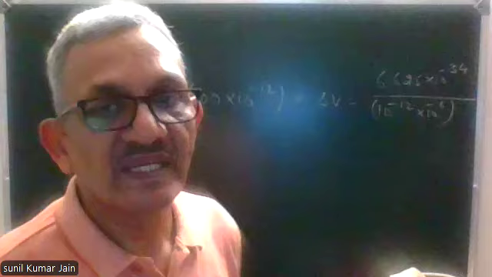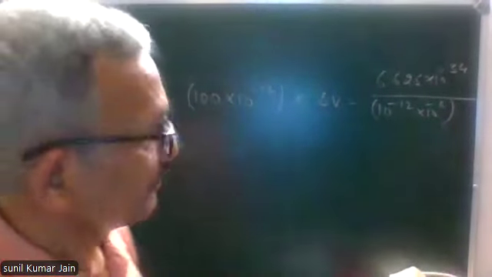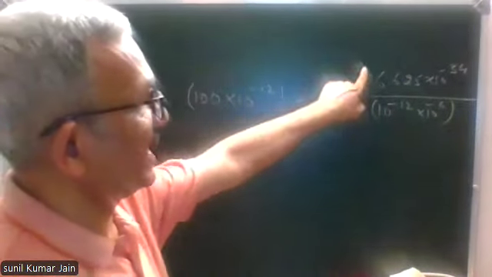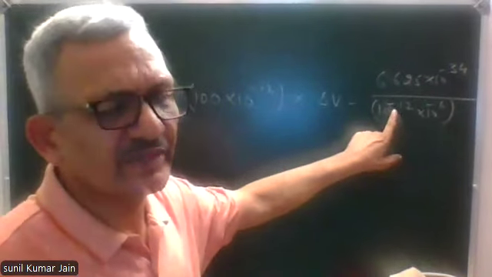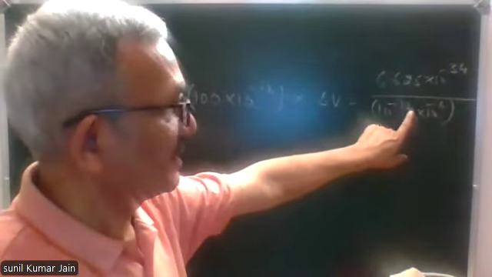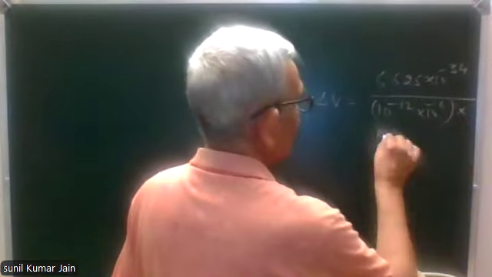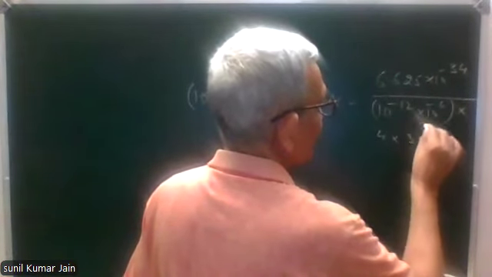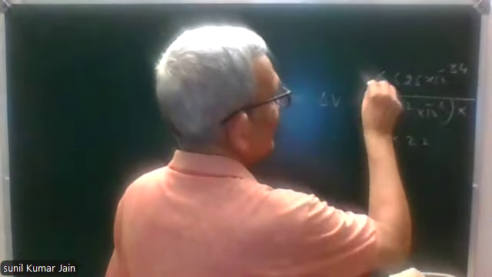So dividing by 1 million will convert into kilograms. This is m, now 4 pi. 4 and pi will be 3.14, it's better to write 22 by 7.